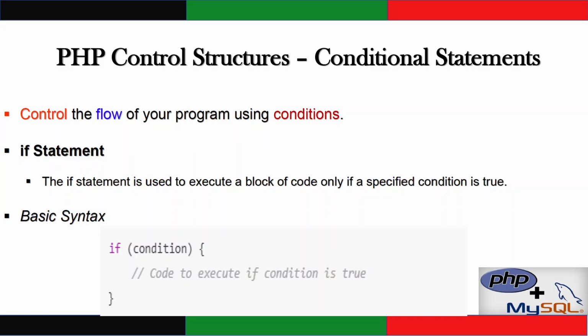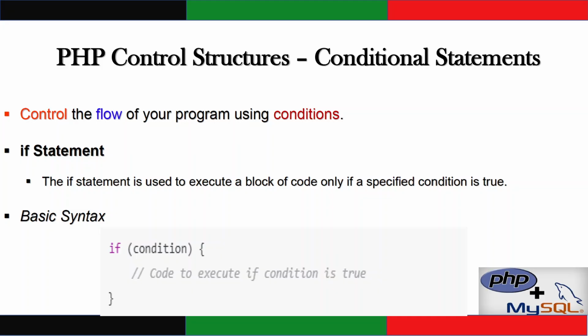We're going to borrow that same idea from English, but this time implement it in PHP. Under the conditional statements, we have about 3 or 4 different if statements that we're going to look at.